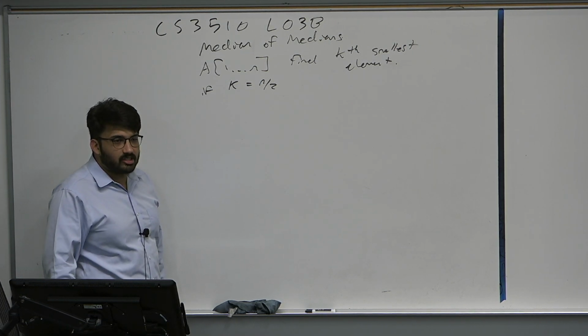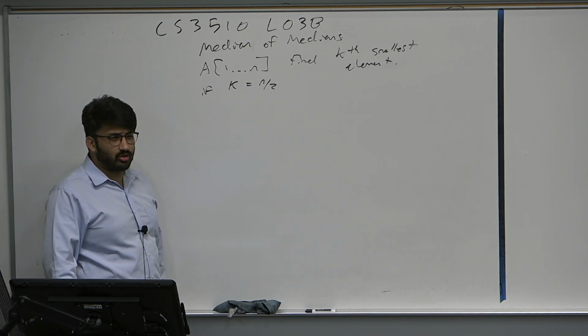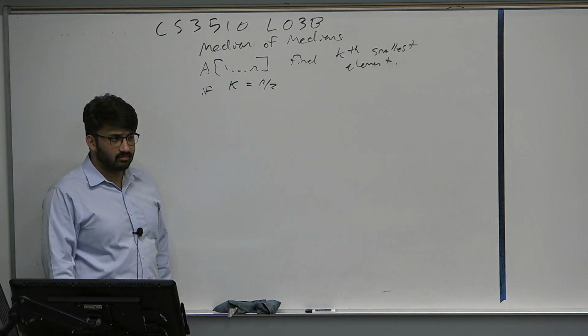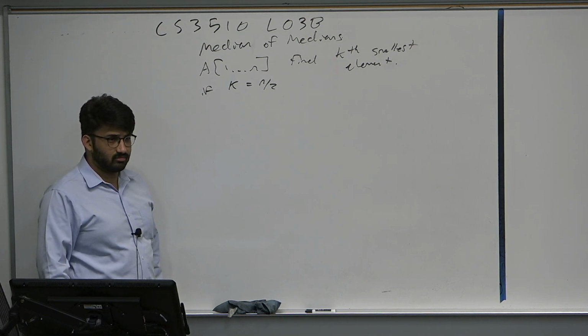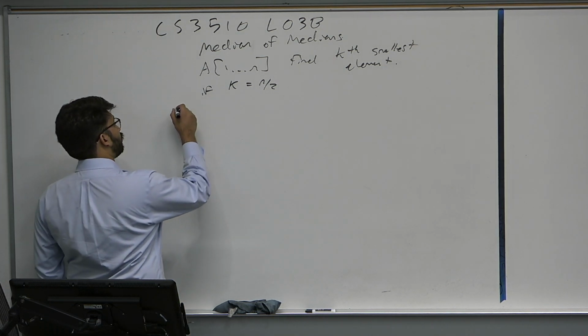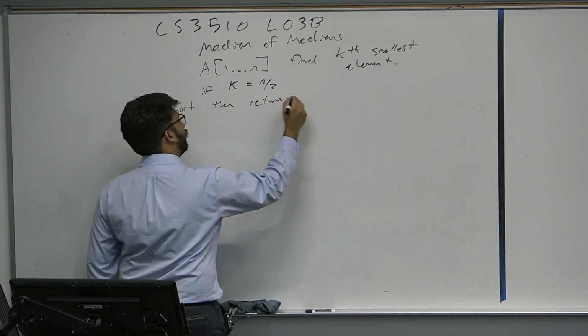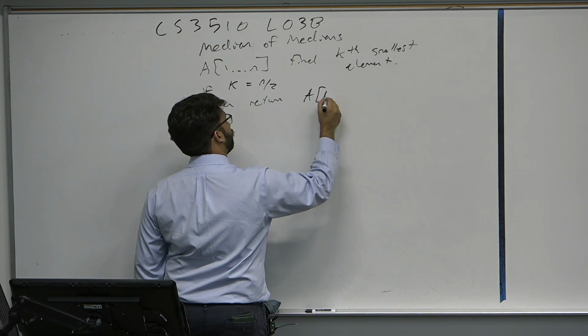So there are many reasons we would want to find the kth smallest element. What's an efficient algorithm to solve this problem? Sort it and pick the middle element. Yeah, so sort, then return A[k].